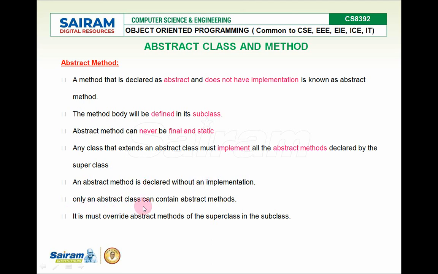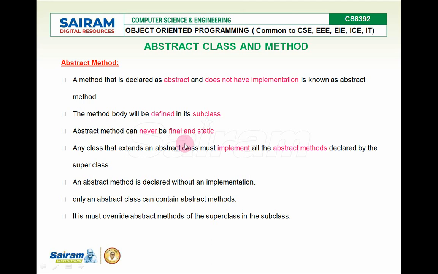If you have an abstract method, it should be present only in an abstract class. But an abstract class can have abstract methods and normal methods. If the class has an abstract method, that class is called an abstract class.